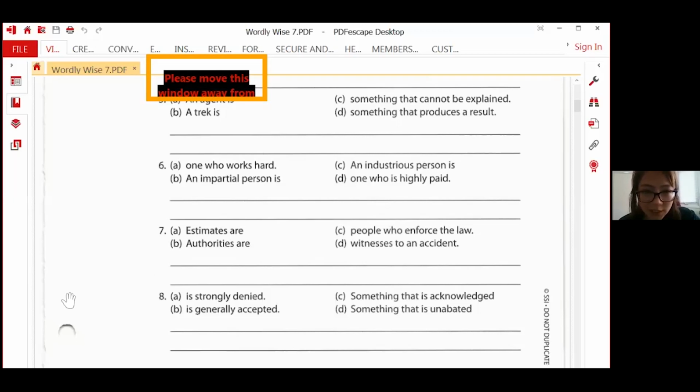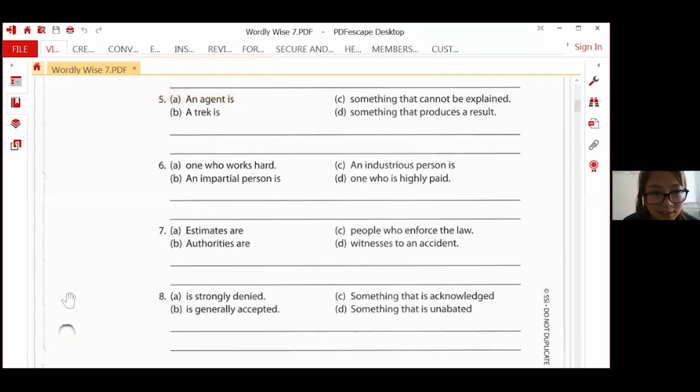Number 8, answer 8. Oh, sorry. I don't know, sorry. Anybody else? Maggie Z. I'm sorry. Question 8. Yes, question 8.